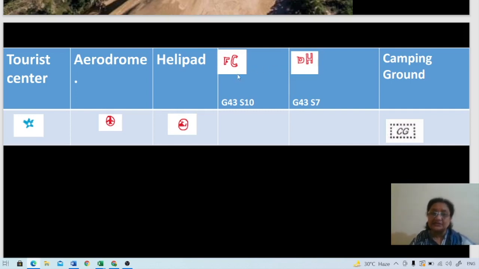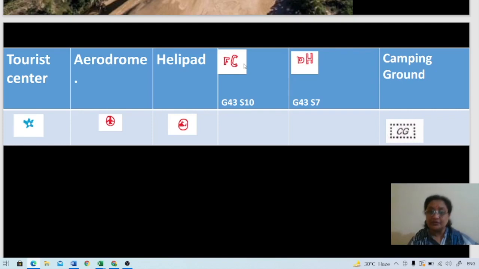It indicates a total area of 100 into 100, or you can say a 100 square kilometer area of the topo sheet. A 100 square kilometer area is shown in the topo sheet by an alphabetical name, and this shows that this 100 square kilometer area has got this alphabetical name.